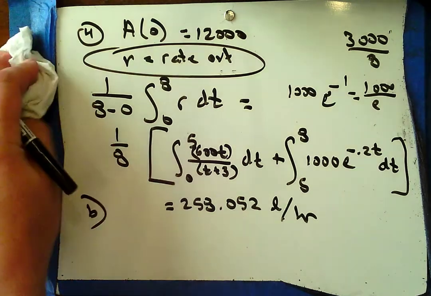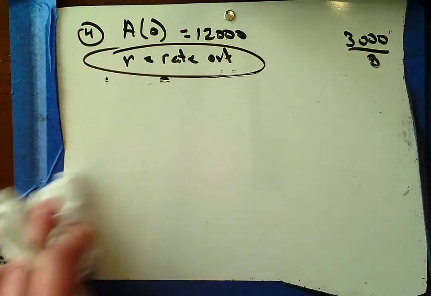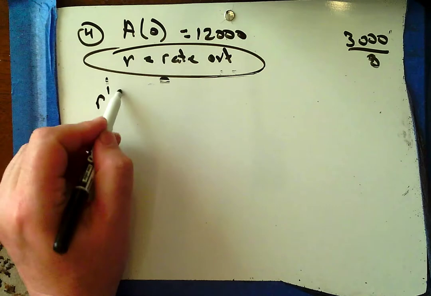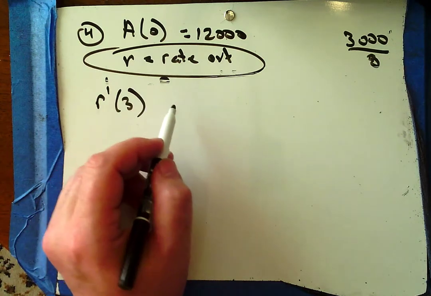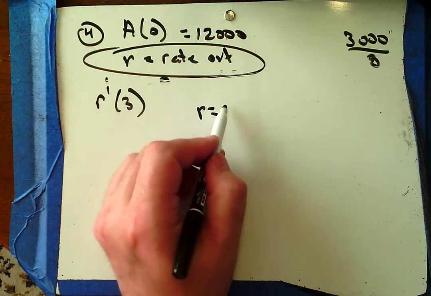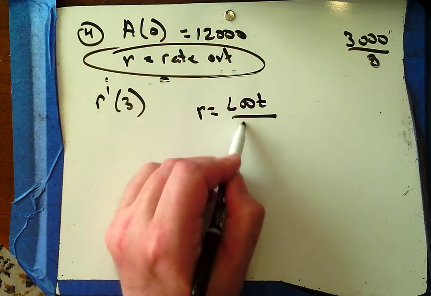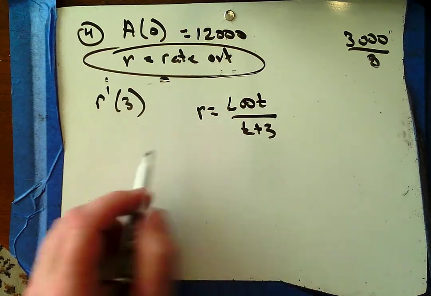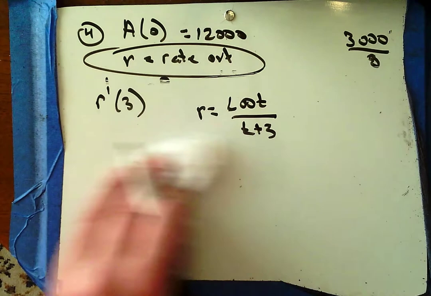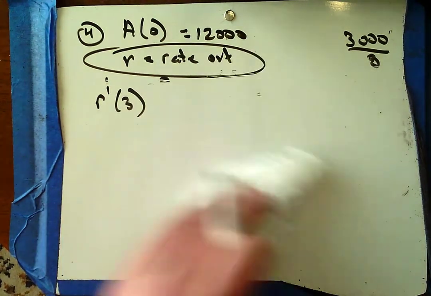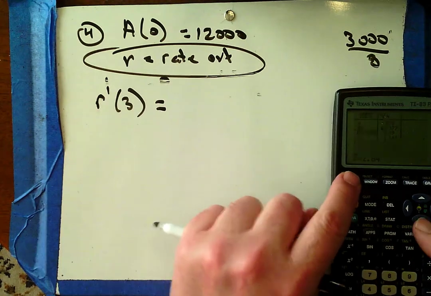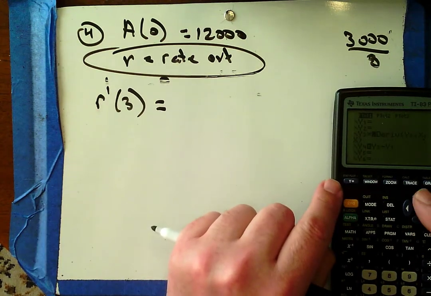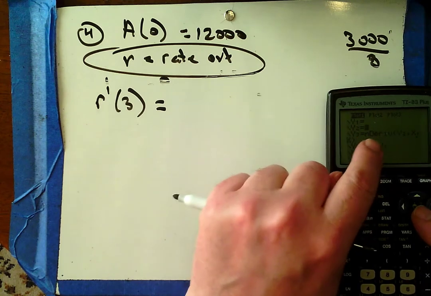Part C, find R prime of 3. Well, this problem is with calculator, and they give me R, and so I just need to take R equals 600t over t plus 3. Look, all you have to write is R prime of 3 equals the value. But over here in your calculator, you want the derivative of that.